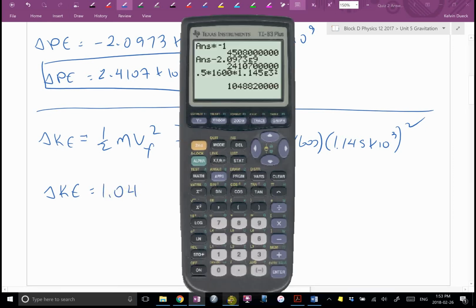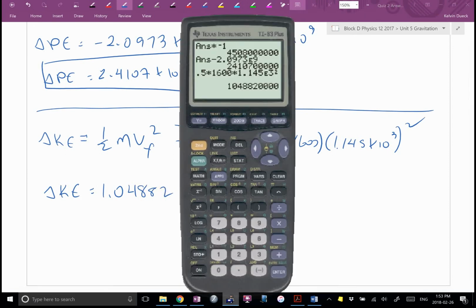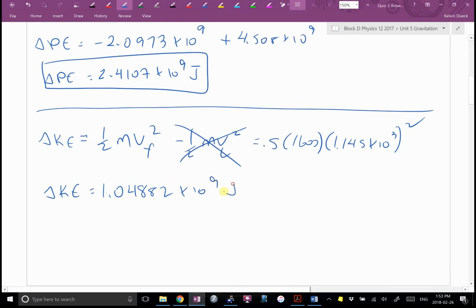I wrote that down wrong earlier. I think we found around Earth most of our answers were in the 10 to the 10th range. I guess the moon will be about 10 times easier because it's a little smaller. Fair enough. So these numbers, gut instinct, at least feel right to me.